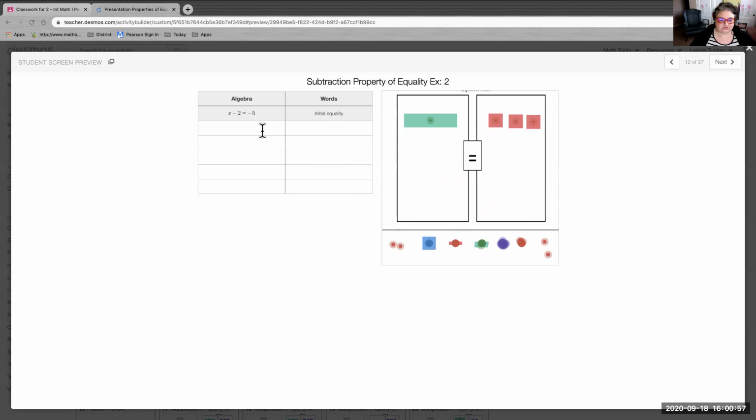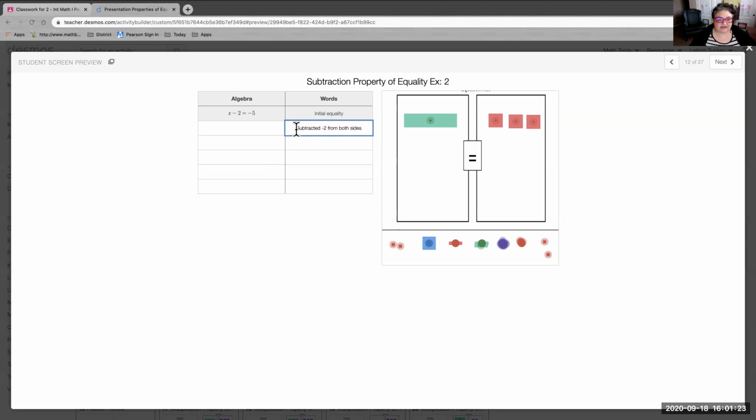So what did I do? Well, what I did was take away. So that is subtraction. I subtracted -2 from both sides.